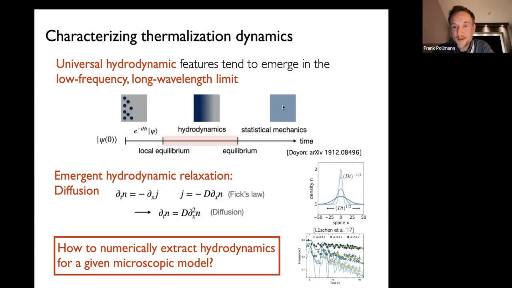Just to rephrase, to make sure that I understand what you're asking: you're asking how do I tell that eventually I converge to an equilibrium state? Yes. This is also an excellent question, because of course the system is not an eigenstate.